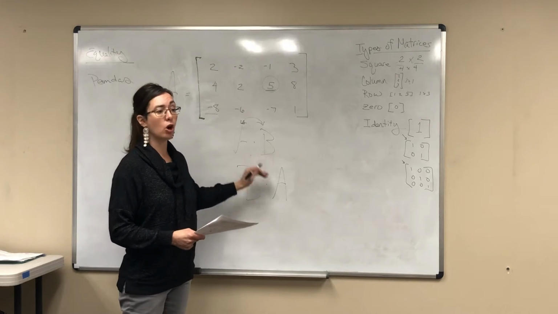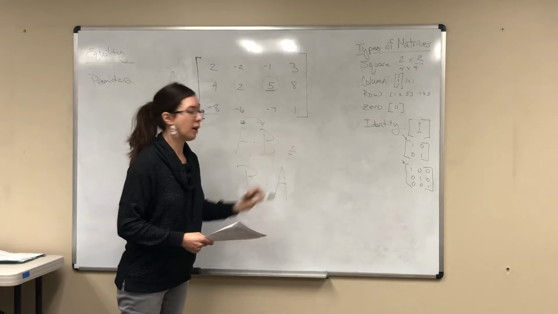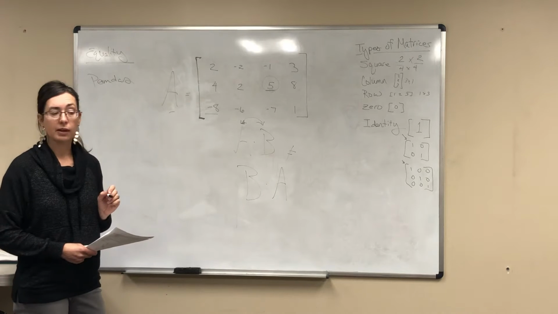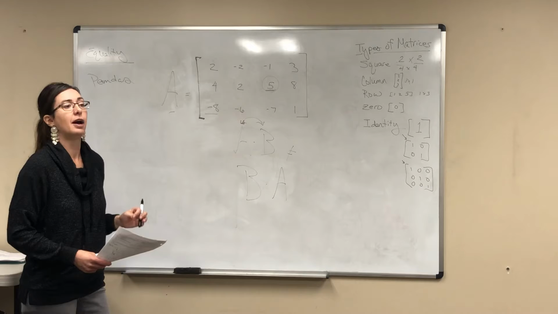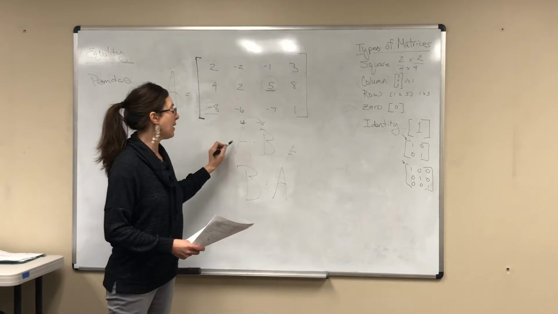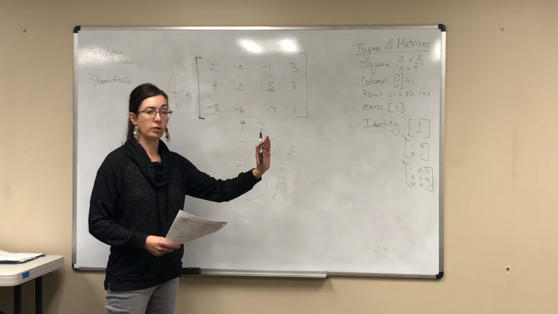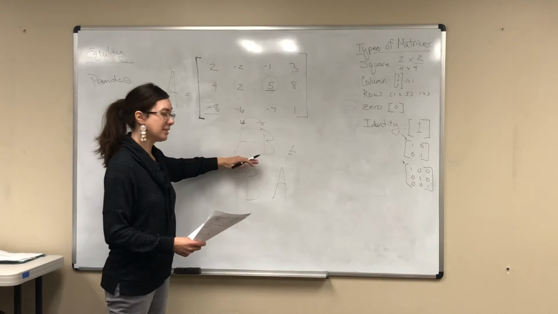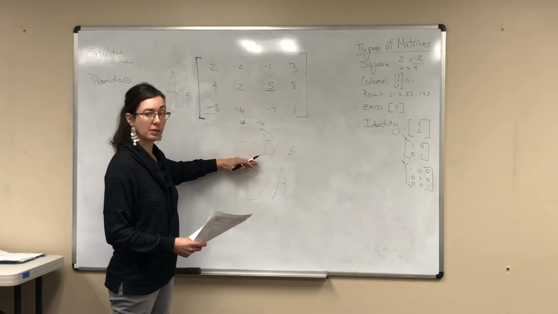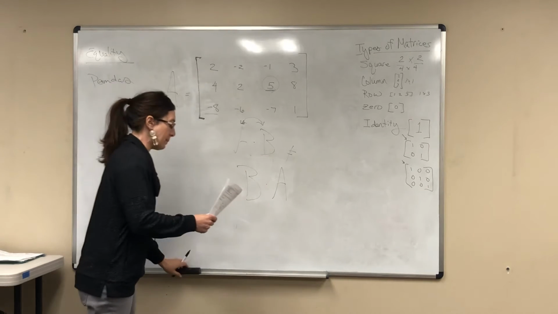This is almost always not equal. Okay? So if you're doing something and you're like, oh wait, I'm not getting the right answer, make sure that we are doing them in the right order, according to what they are asking you to do. Because this almost always is not true. And I'm going to show you why here in a minute.